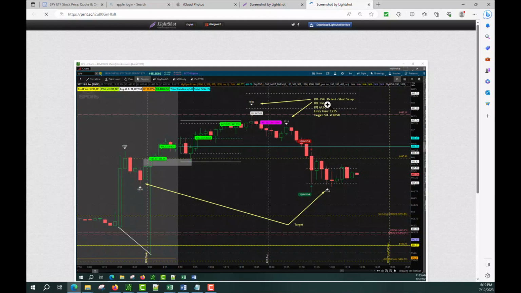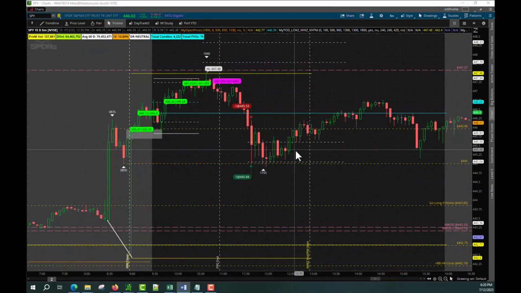Order block, fair value gap, retest, short setup, because the buy side and sell side liquidity were taken, and the order block is formed at 10:40, the entry time is 11:15, and the target is the sell side liquidity right here, or the resistance of this order block, 11:55. So theoretically we stay in the trade about 40 minutes, right? From 11:15 to 11:55 is 40 minutes right there. So that's the setup that we are talking about.